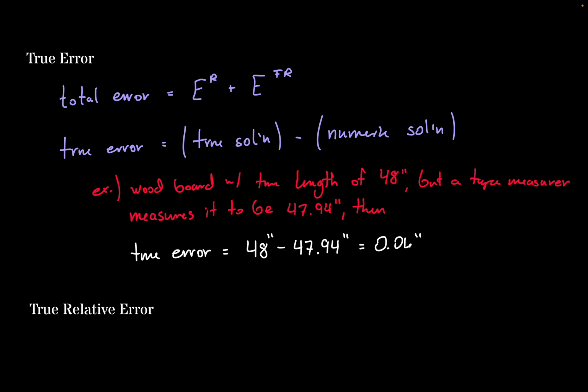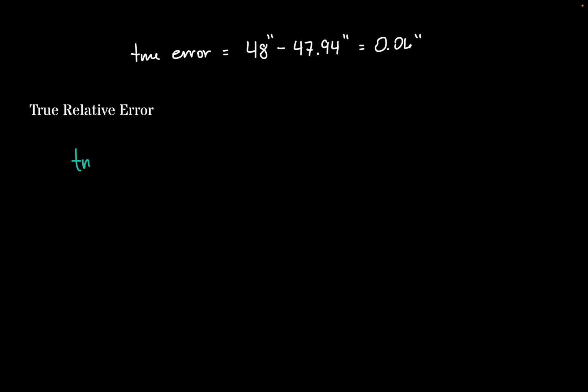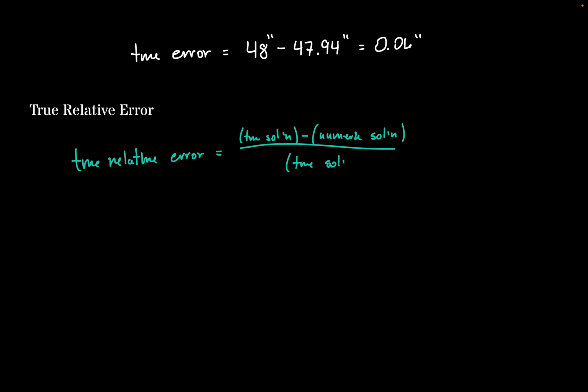Now, going into the next type of error, it actually kind of builds off of our true error, because this is our true relative error. So now with the true relative error, this is expressed, so we'll say true relative error is going to be equal to our true solution minus the numeric solution, and this is all going to be divided by the true solution.